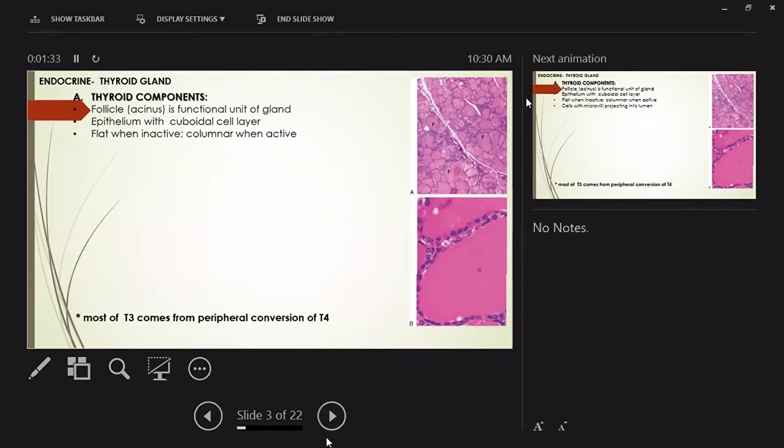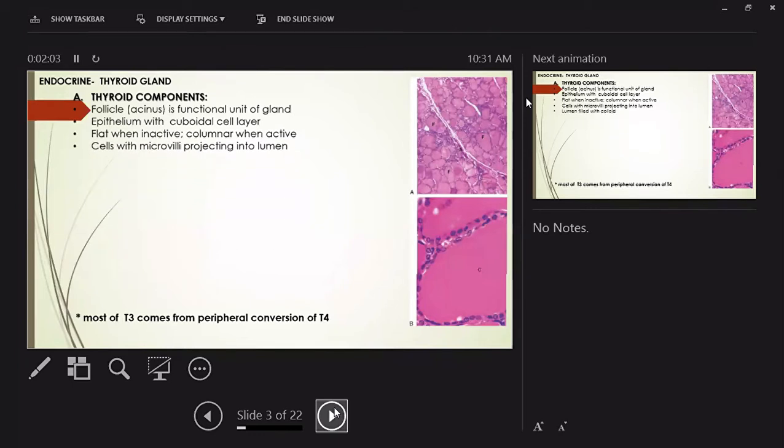Do some repairs. The epithelium of the acinus is cuboidal, but when it is inactive, it is flat. But when very active, it is columnar. This one here.